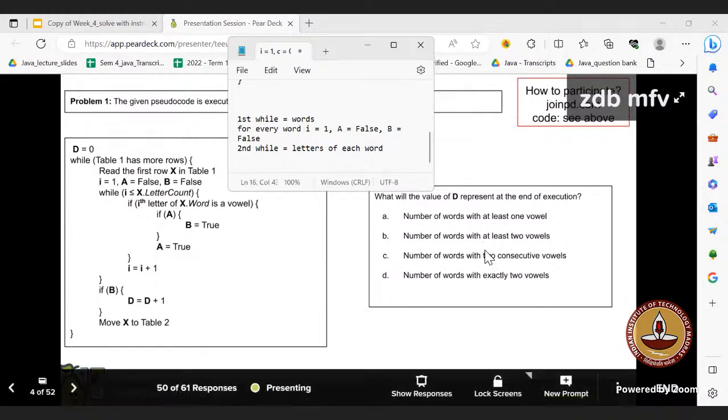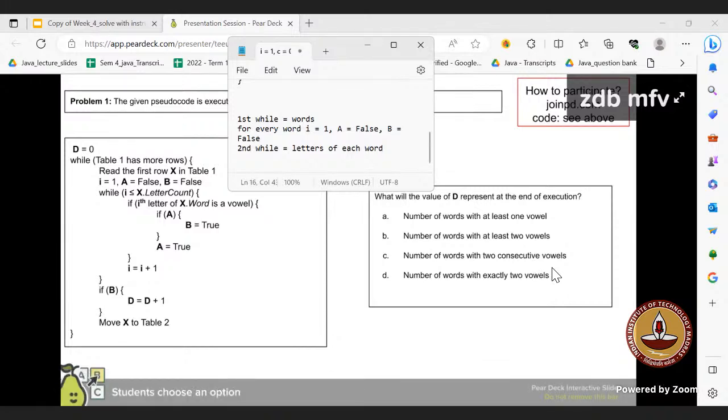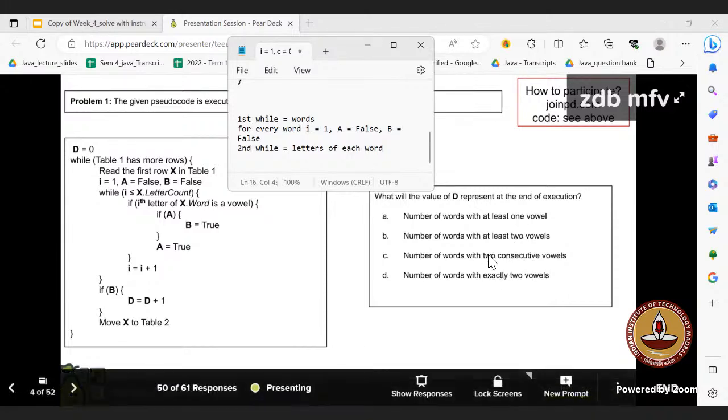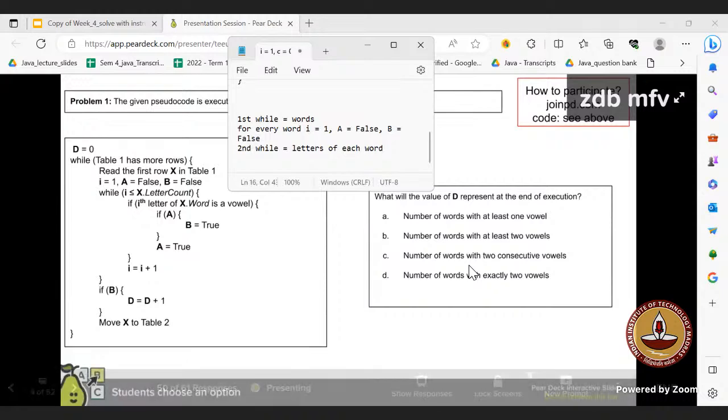If they are consecutive, then only we are telling the number of words with 2 consecutive vowels. That means vowels must be consecutive; if not, we are not counting. But even if the vowels are not consecutive, we are still counting them. That's why option C is not correct.